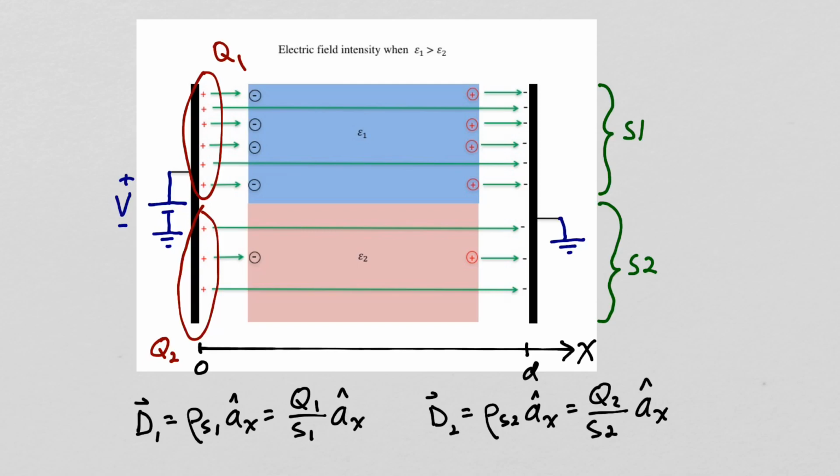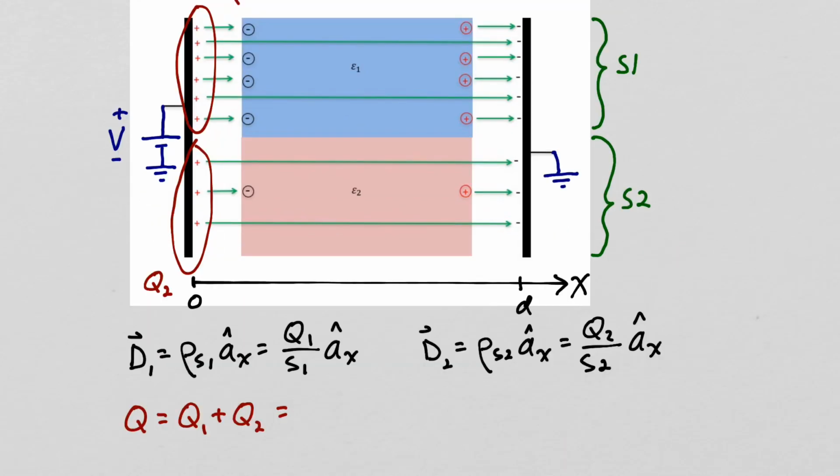Similarly, the electric flux density field in material 2 is the charge density on the plate adjacent to material 2, and it's in the x direction, and that charge density will be Q sub 2 over S sub 2. The total charge on the capacitor will be Q1 plus Q2.